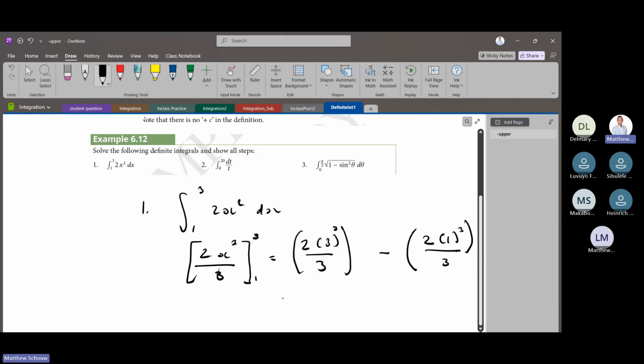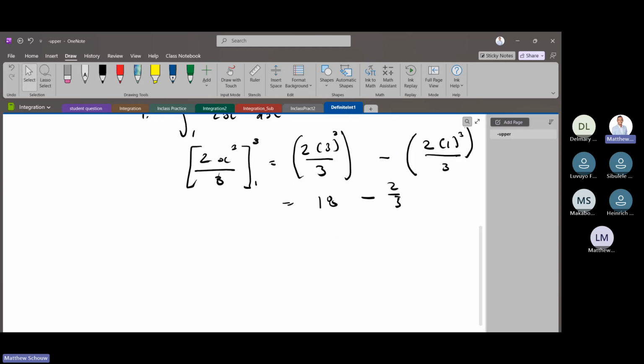So the first one will be 18, and this will be 2 over 3. If you say 18 minus 2 over 3, you should get a value of 17 and I believe 17 and 1/3.